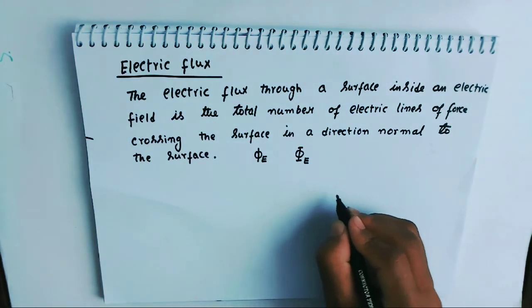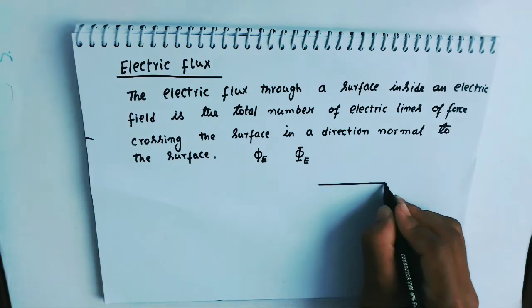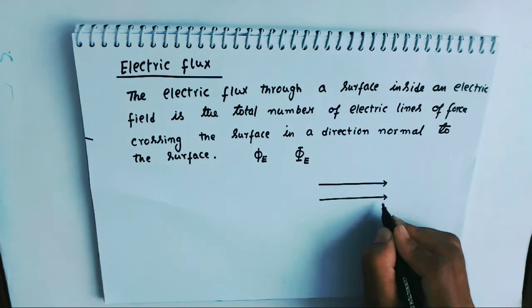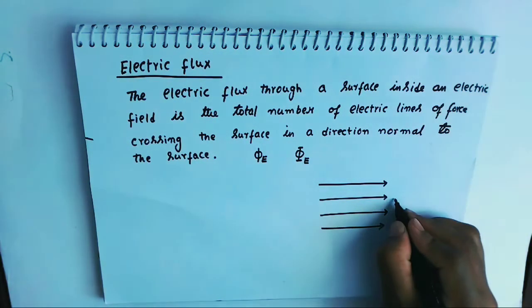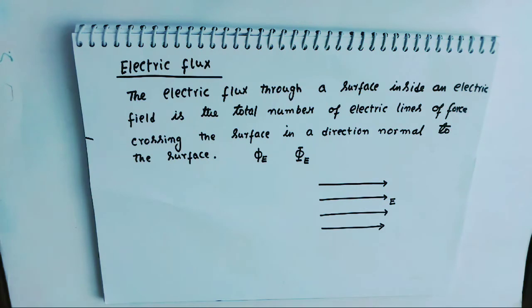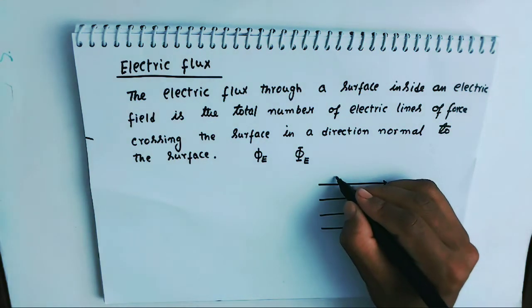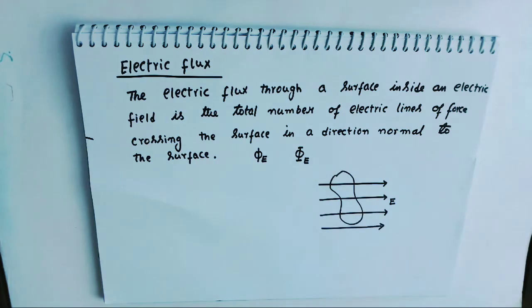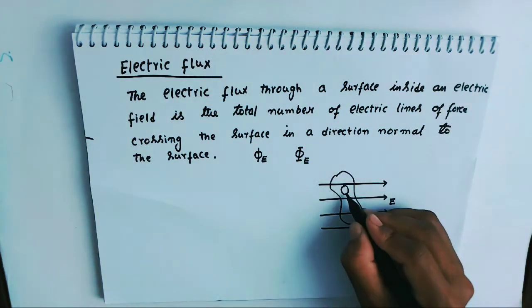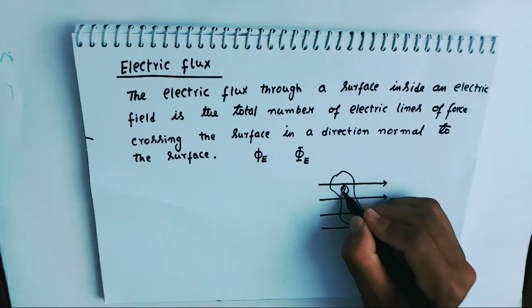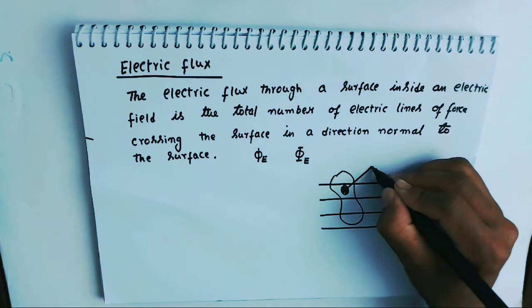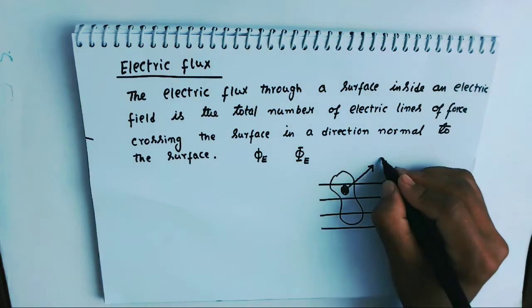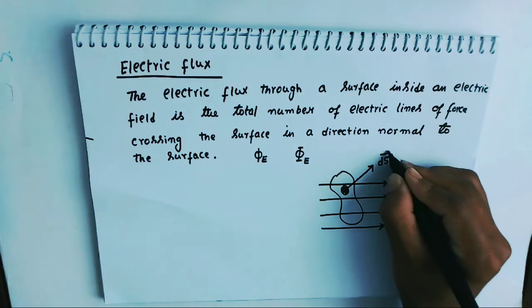So now let us draw electric field lines of force like this, denoted by symbol E. Suppose this is a surface, and we select a small element area ds, and the direction of this is in this direction, denoted by ds vector.